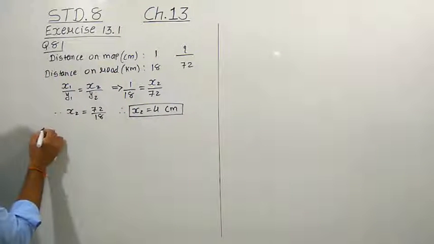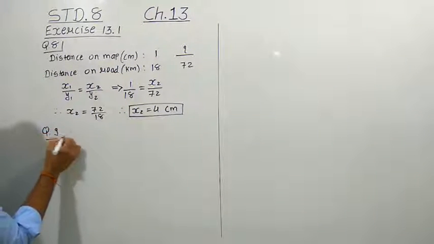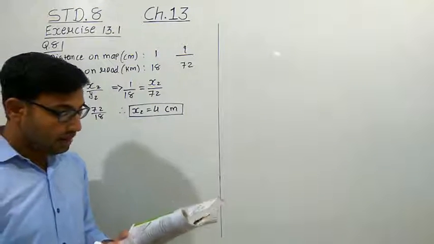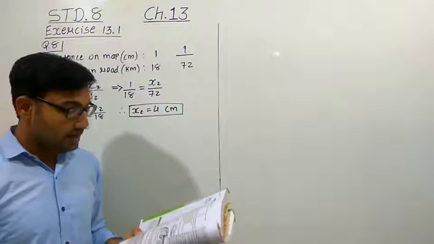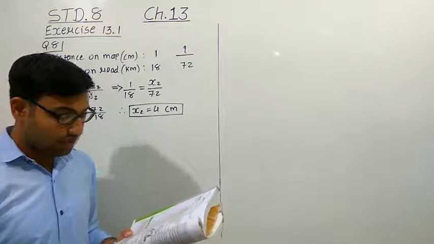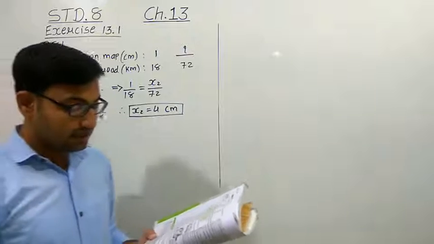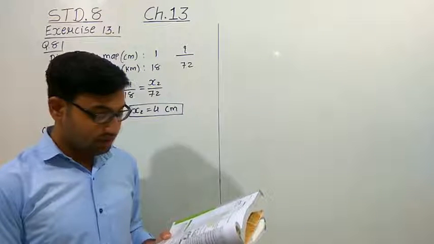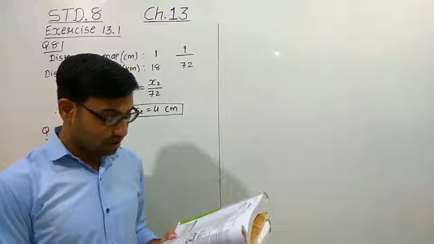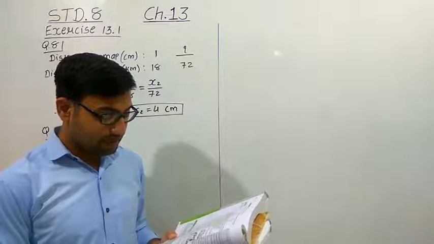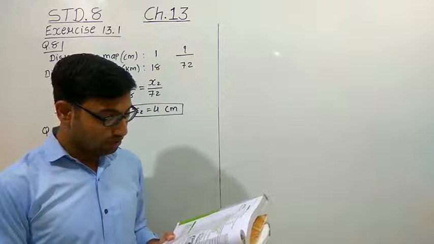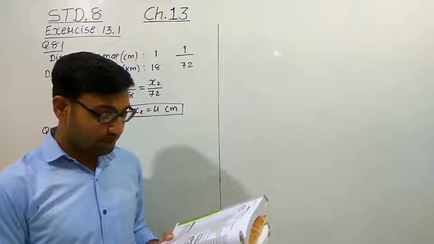Now question number 9. Question number 9 is, a 5 meter 60 centimeter high vertical pole casts a shadow 3 meter 20 centimeter long. Find at the same time first the length of the shadow cast by another pole 10 meter 50 centimeter high, and the height of the pole which casts a shadow of 5 meter long.